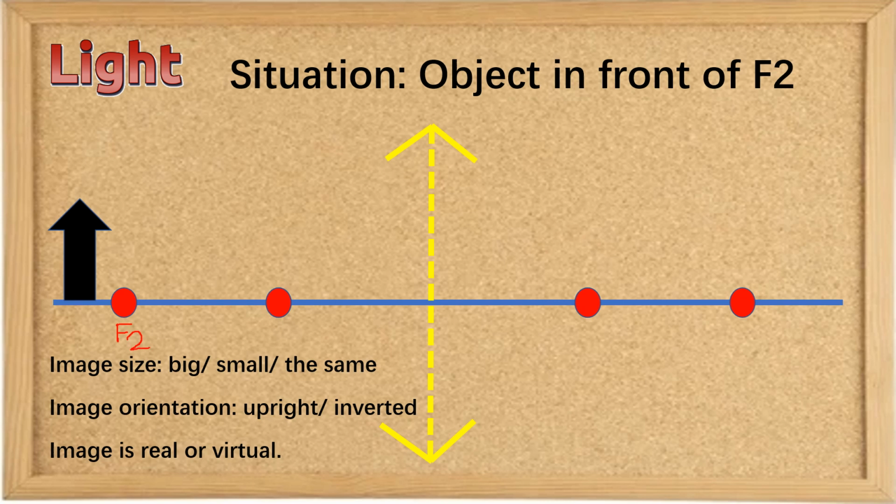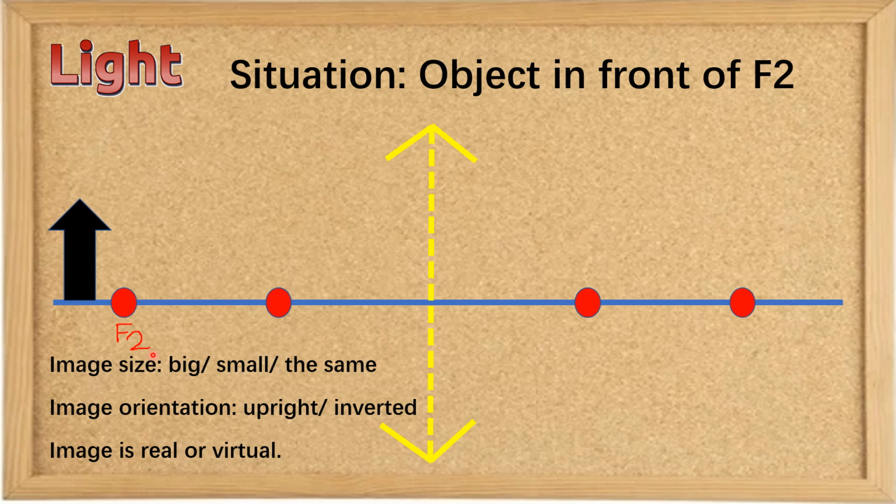So using your ray diagram, try to identify what the image is. Is it big, small, the same? Or what is the image orientation, upright or inverted? Or is the image real or virtual? Okay, so the ray diagram for your lenses is different than your mirror.